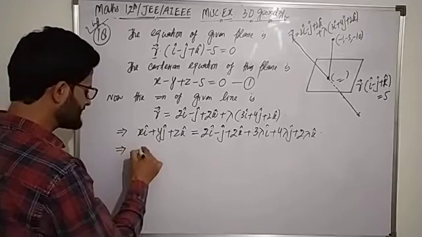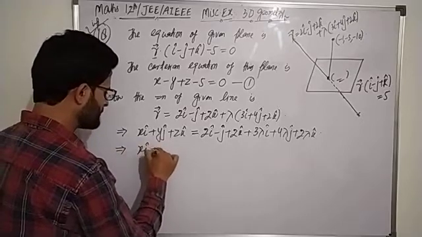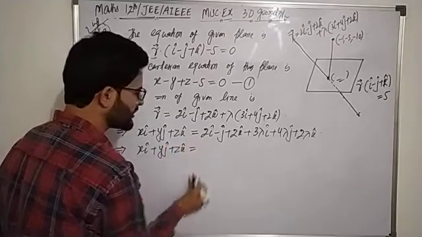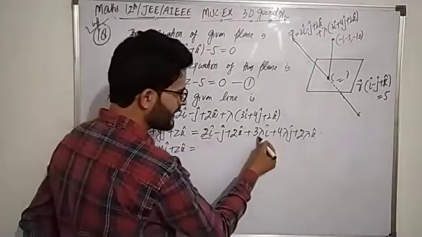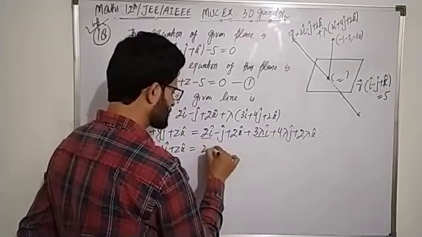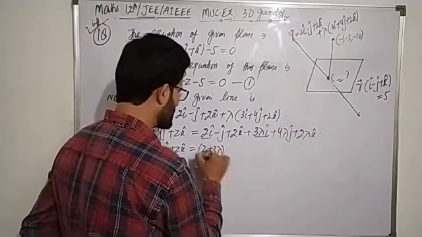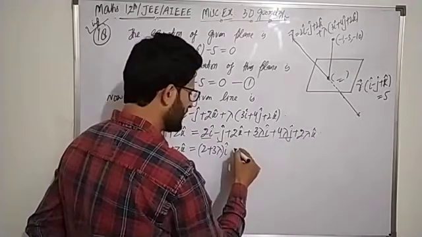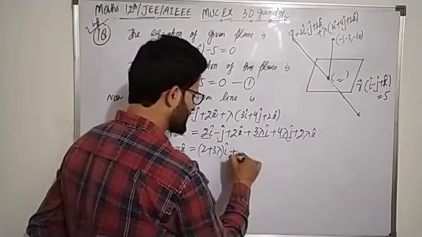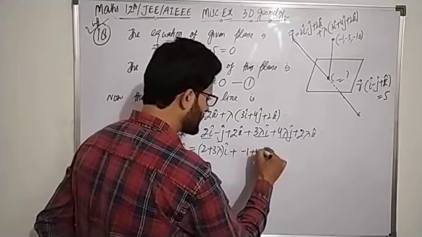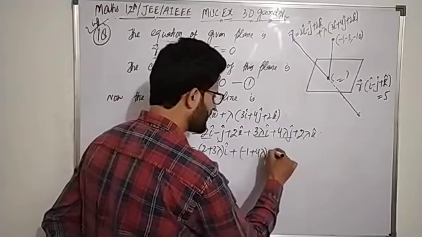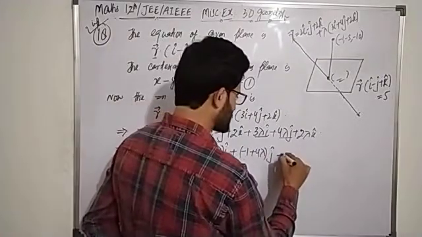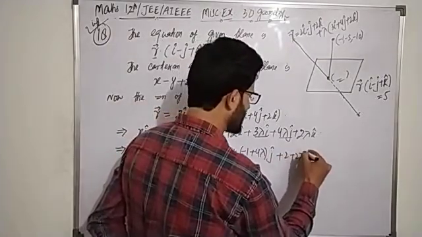This can be written as xi plus yj plus zk is then equal to (2 plus 3 lambda) into i, minus j plus 4 lambda j, j और j को कॉमन लेके आओ तो क्या बचेगा, (-1 plus 4 lambda) into j, right, and plus 2k plus 2 lambda k, that is (2 plus 2 lambda) into k.